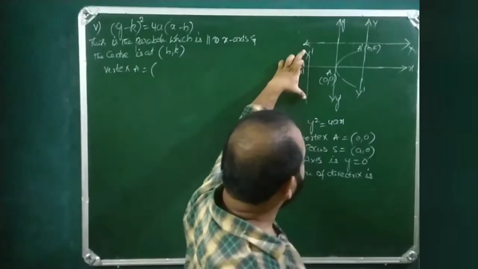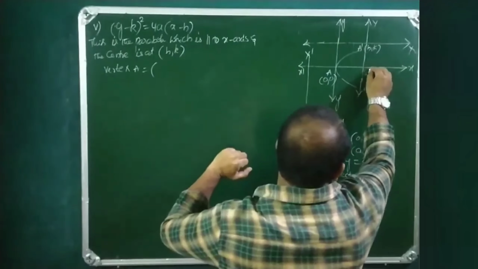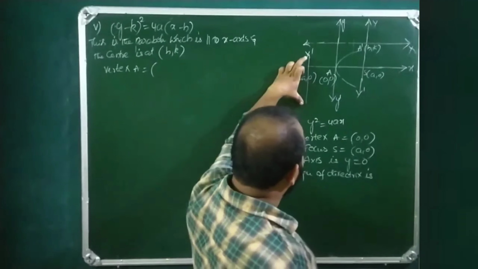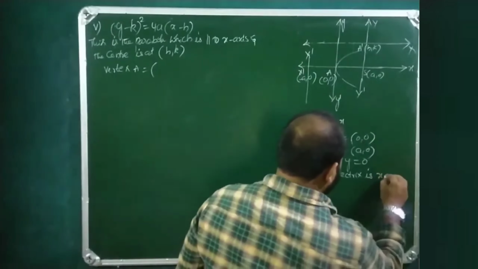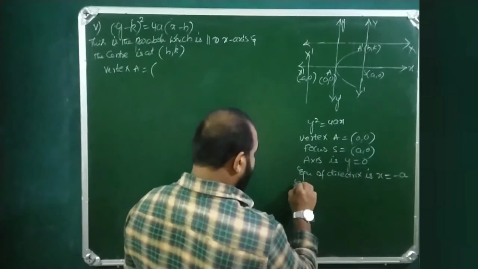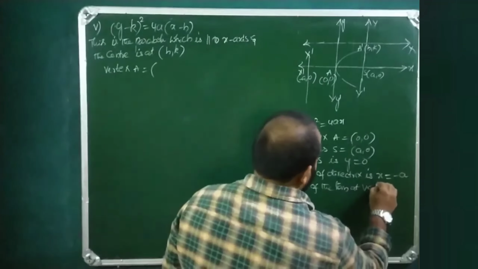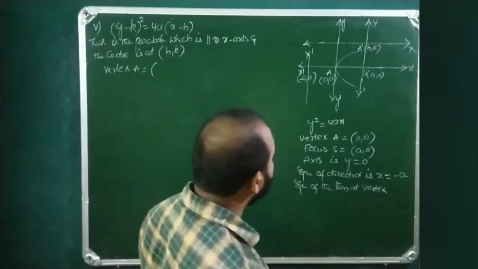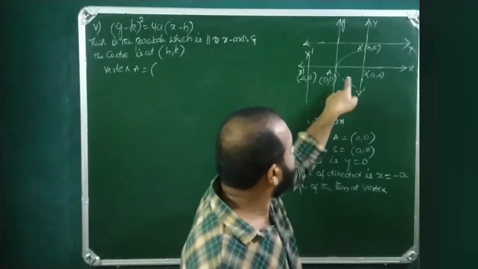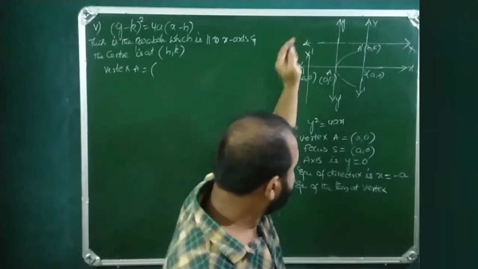This line is parallel to the y-axis, x equals something. If S is a comma 0, this is minus a comma 0. So a line parallel to the y-axis, x is equal to minus a. And the equation of the tangent at the vertex: this line is tangent at the vertex A 0 0. Now it is what? The y-axis.